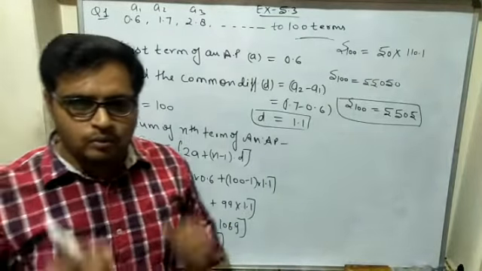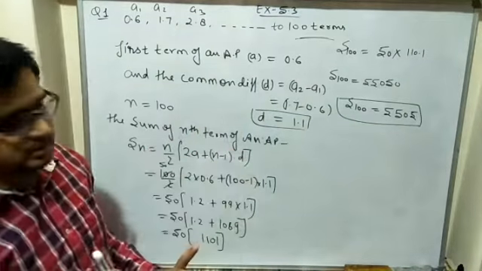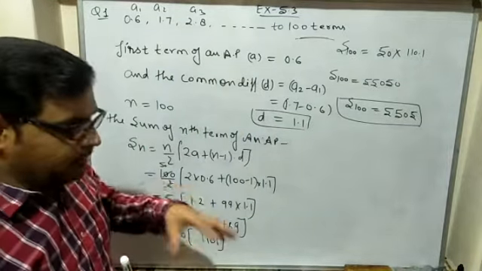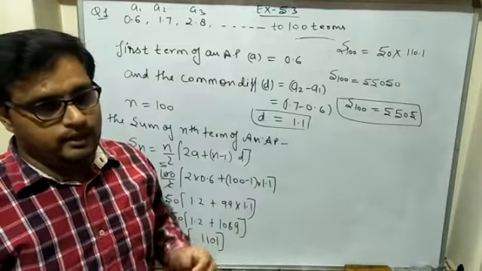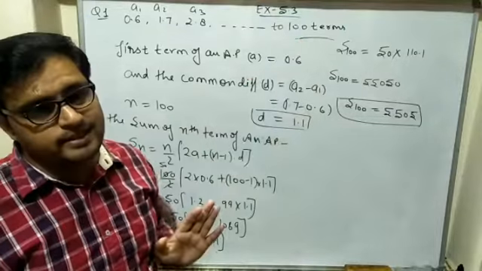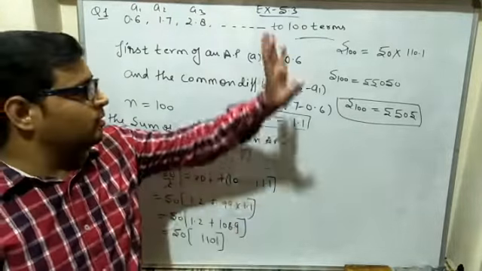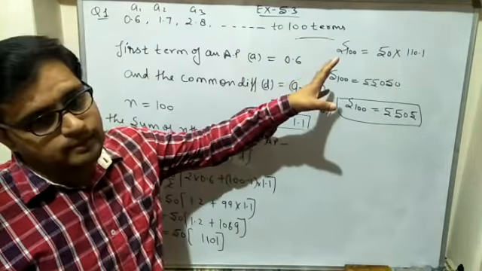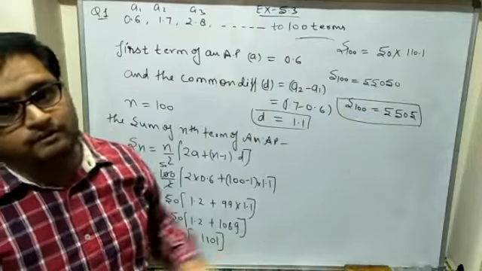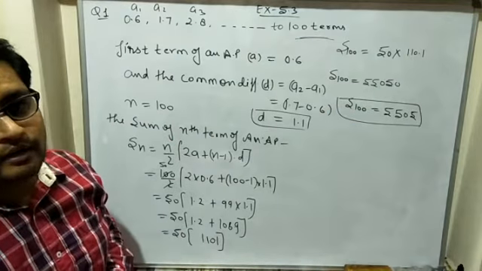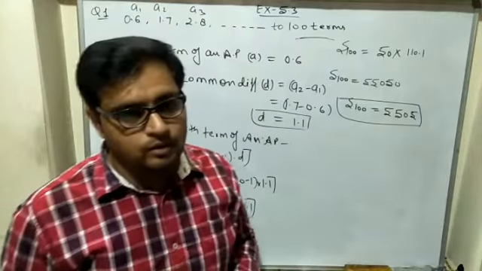You have to solve each and every part of that first question by the same process. In all the parts we have been given the value of n, as this question says 100th term. In other questions it is also given up to what term we have to find the sum.